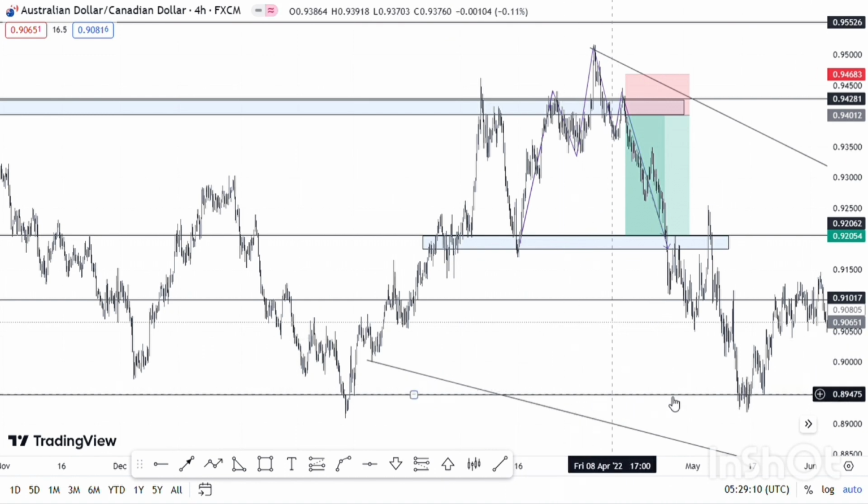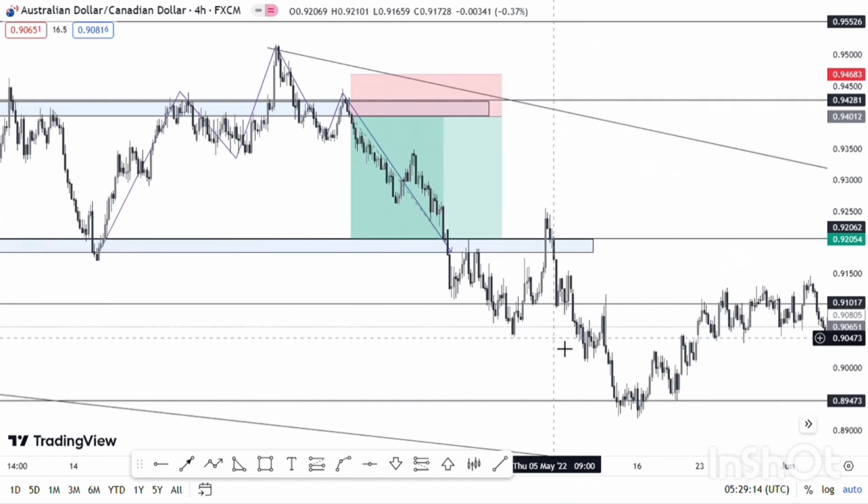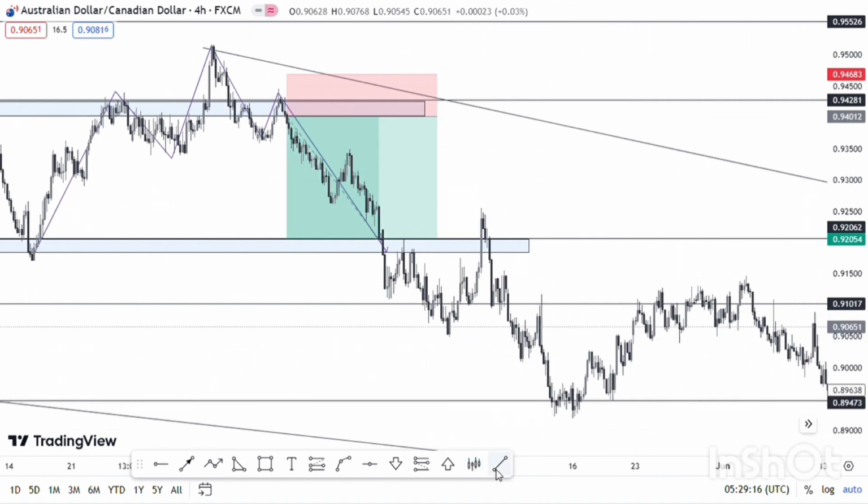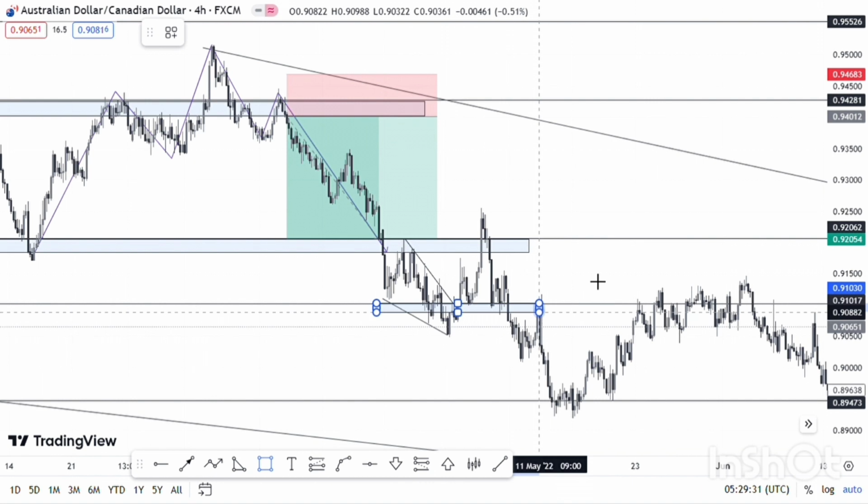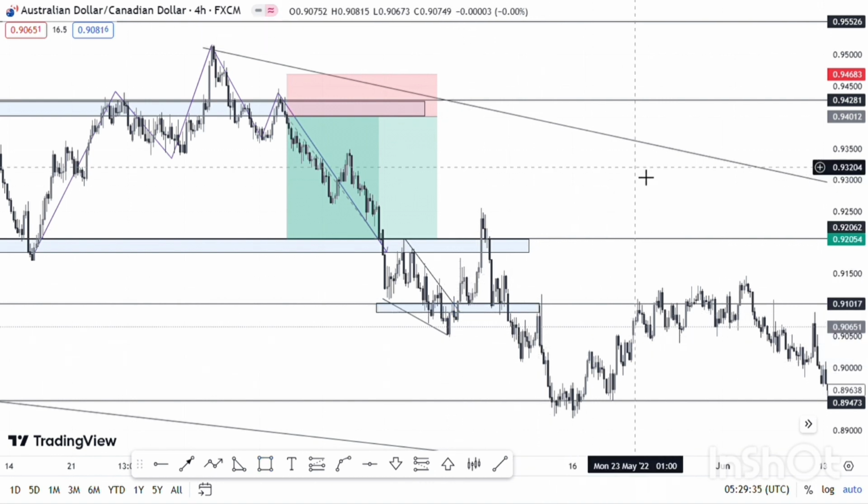I was going to have a zone right there, and then here as you can see we have our support and resistance. This one changes to become our support and resistance. This is a mid zone. This is what I mean by mid zones. Here I was going to enter a buy trade, the reason being we are sitting on our support, and when we break above, it changes to become our support.